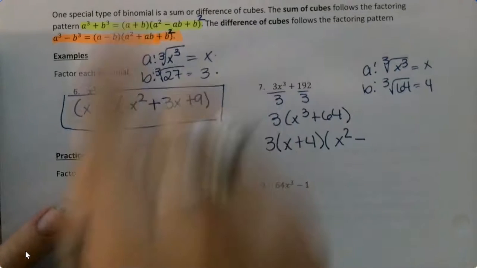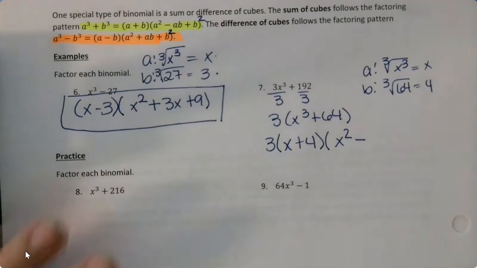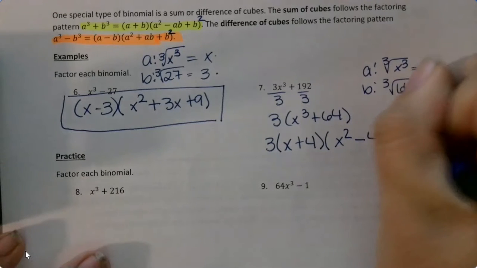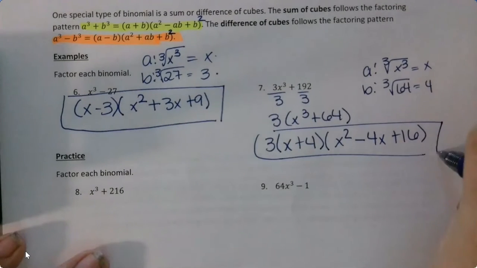So for sum of cubes, it has a minus in front of the ab. It's always opposite what the sign is. So what is a times b? X times 4, 4x. And then my final term, 16. That is my final answer.